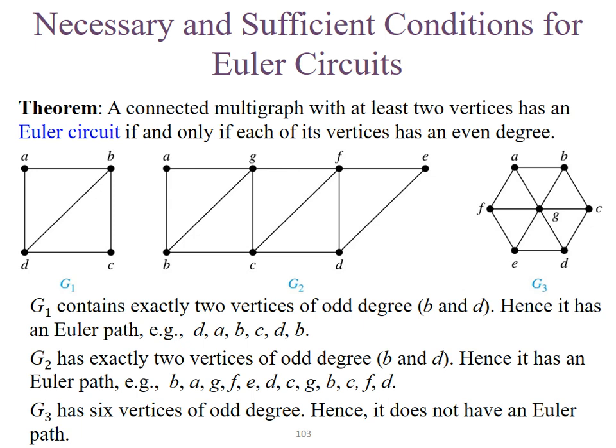For G2, we have B with degree 3 and D also with degree 3. The other vertices all have even degrees. So you can select B or D as the start or end point and try to discover the Euler paths by yourself.